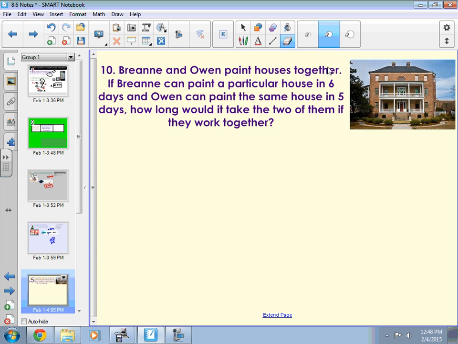How can we do this? Well, in this case, you want to figure out what can they do in 1 day. If we figure out how much of the house they can paint in 1 day, you can do it.